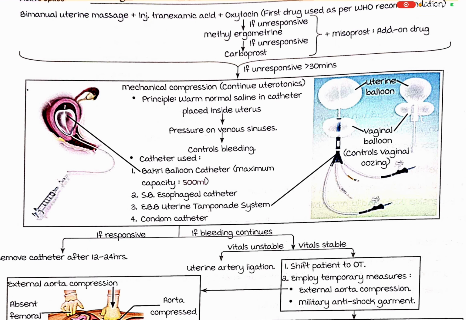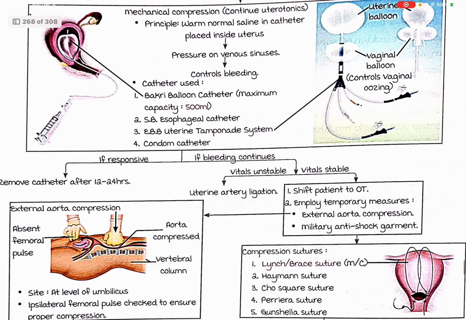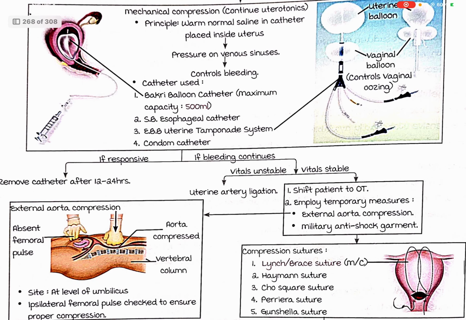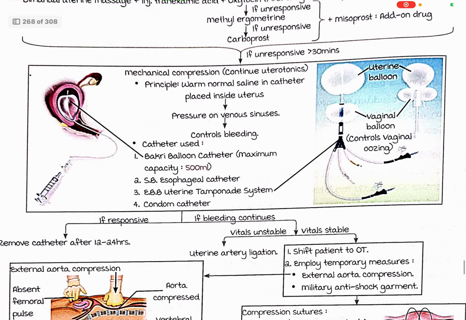Principle: a warm normal saline catheter is placed inside the uterus, applying pressure on venous sinuses and controlling bleeding. Catheters used: Bakri balloon catheter, maximum capacity 500 ml, SB esophageal catheter, EBP uterine tamponade system, and condom catheter.